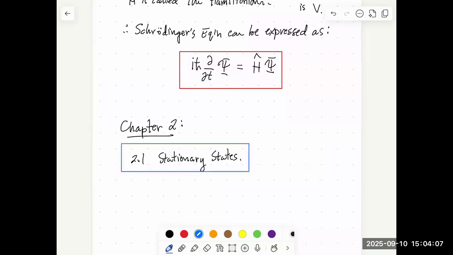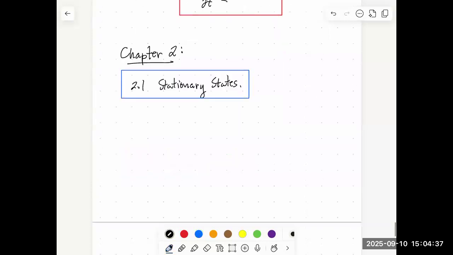One of the challenges right now is that this is a partial differential equation. It involves time, and it involves two derivatives of position in the kinetic energy term. And that's in general pretty difficult to solve. So we're going to look for ways to simplify how we approach finding wave functions.